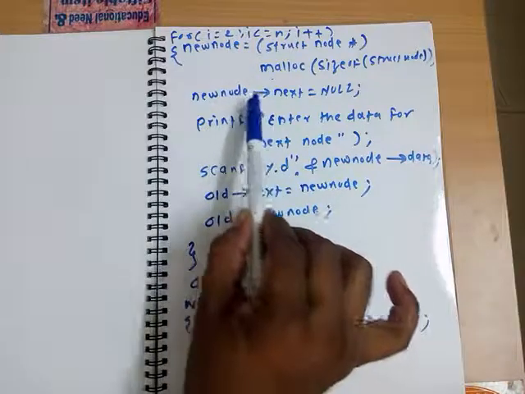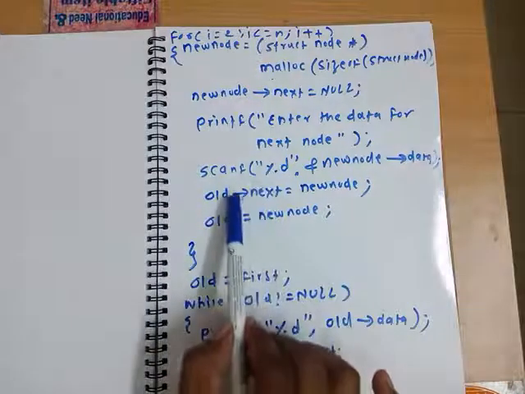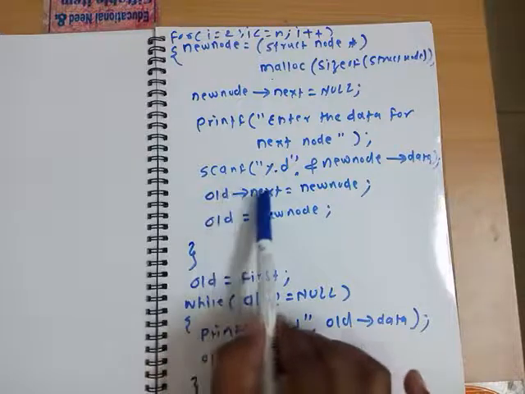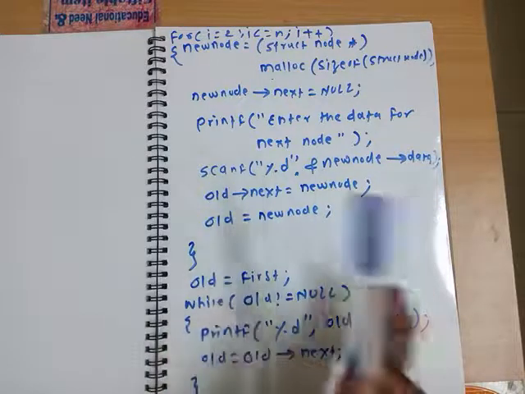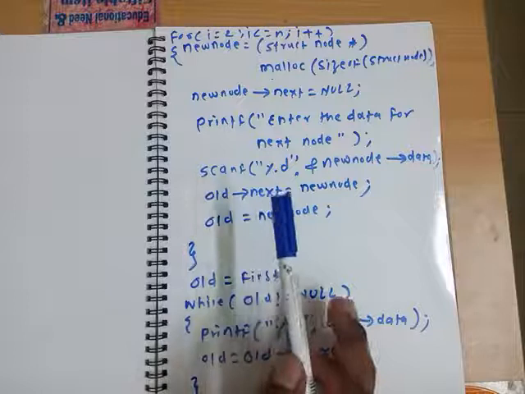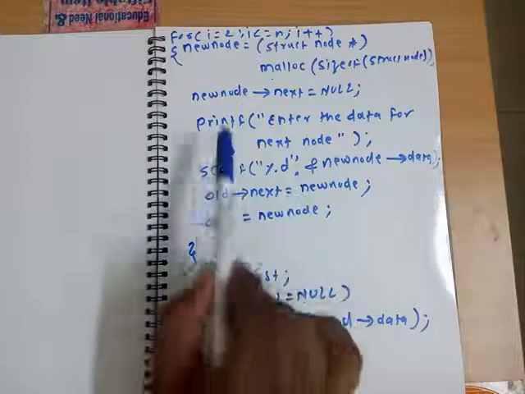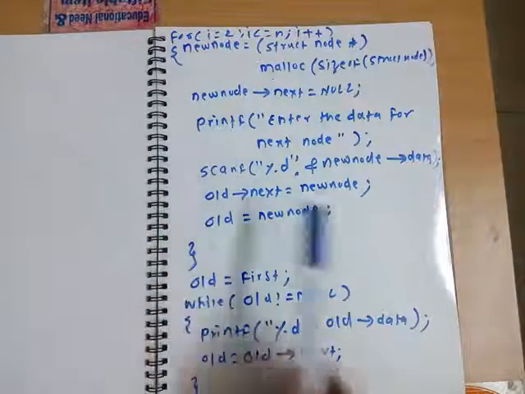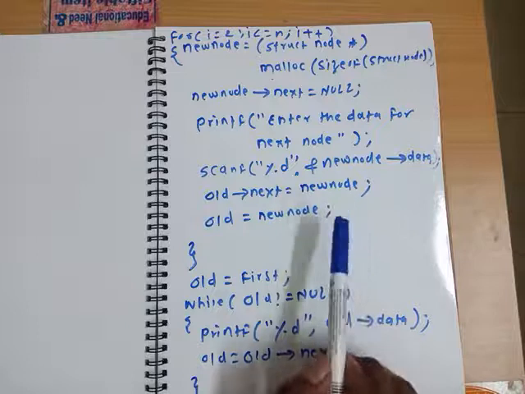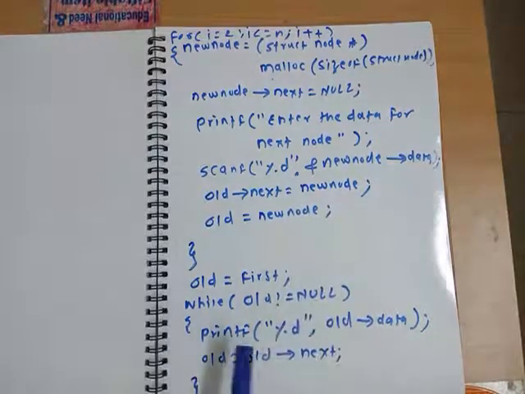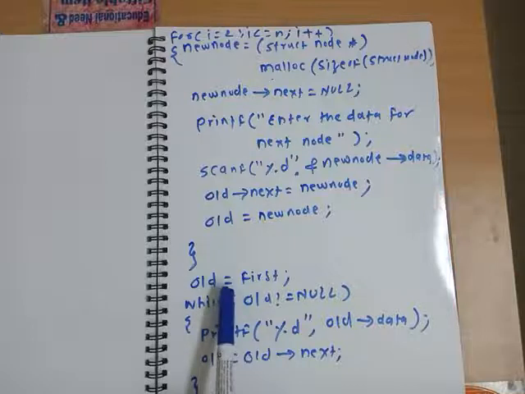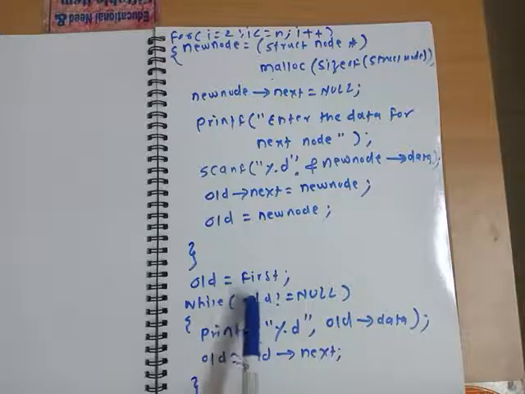And then we'll create the link between the old node and the new node by using this statement, and we'll move this old pointer to the new node, and we'll remain in this loop till we have all the nodes created in the linked list. And this code we can use to print the linked list, right? Starting from the first node till the last node, right? So that's how the linked list is created and printed.